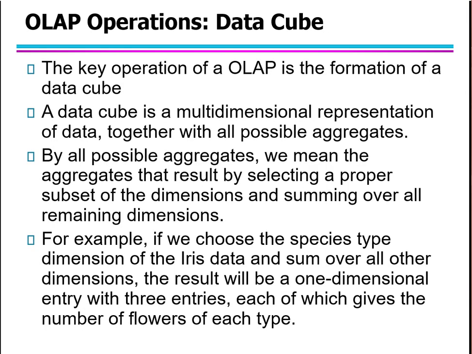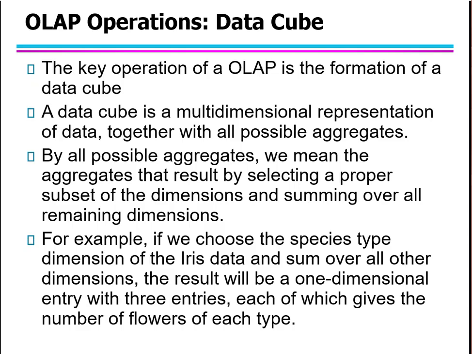Moving on, we have OLAP operations and the data cube. The key operation in OLAP is the formation of a data cube. A data cube is a multi-dimensional representation of data, together with all possible aggregates.